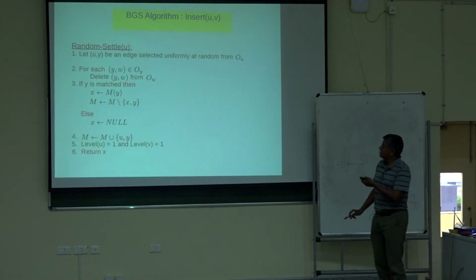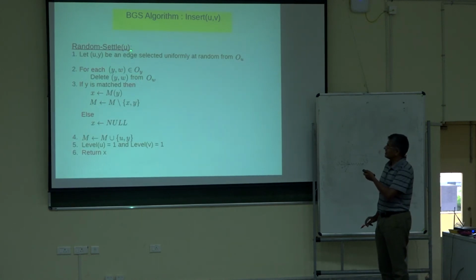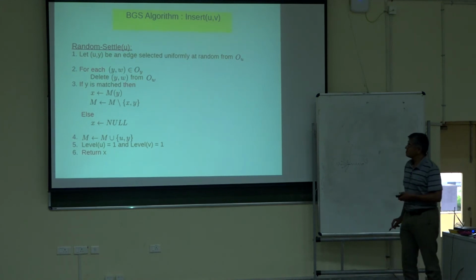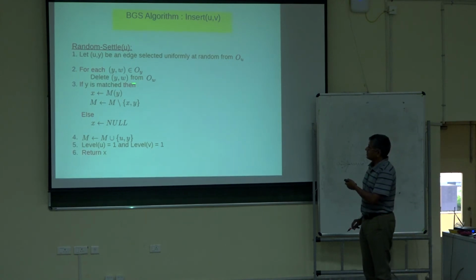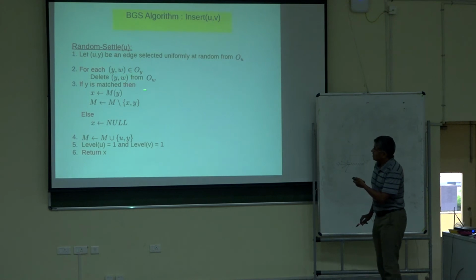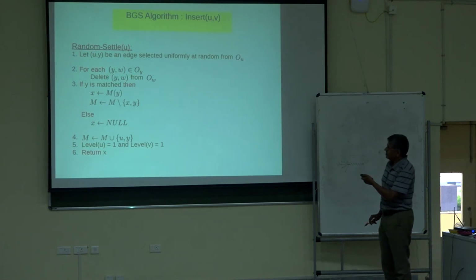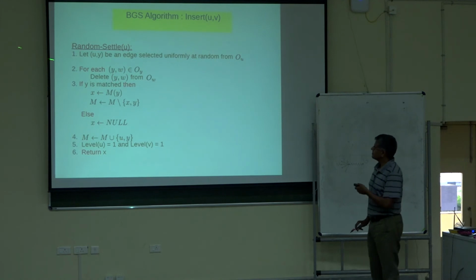So this is what happens. It randomly settles itself by selecting an edge uy from its ownership list. Now this y, whatever edges it was owning, y is going to come down to... let's just see this picture.